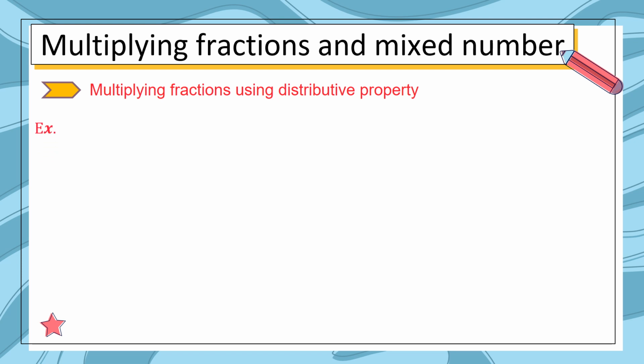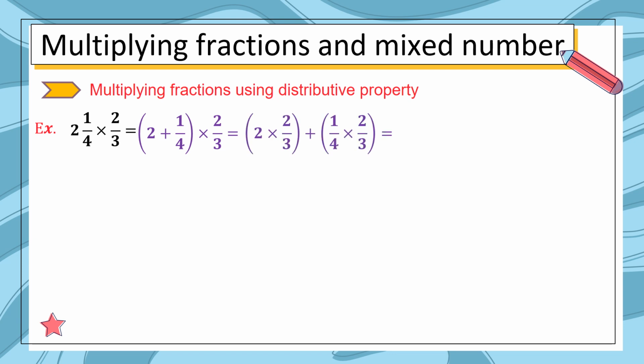For example, we have 2 1/4 times 2/3. 2 1/4 means 2 plus 1/4, times 2/3. Then I will distribute 2/3 in the bracket: 2/3 times 2, and 2/3 times 1/4.